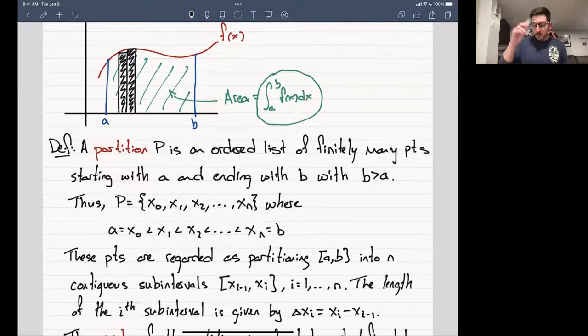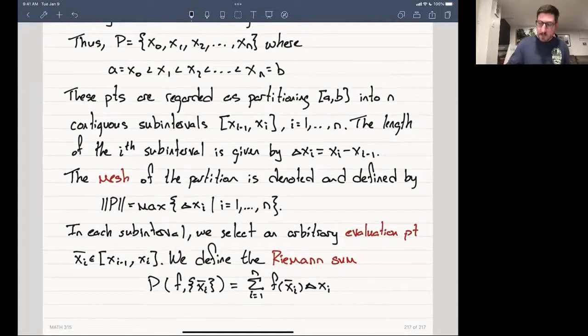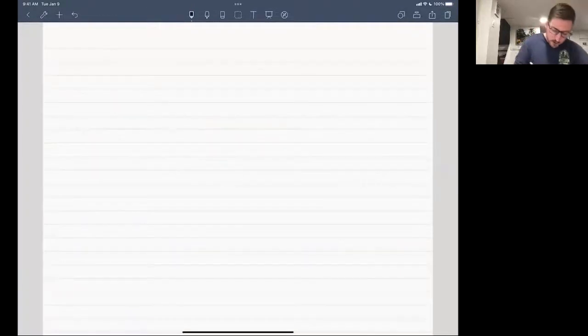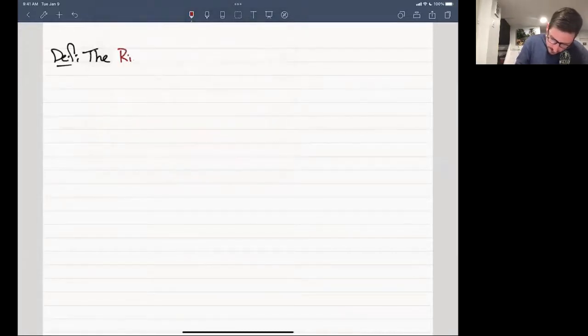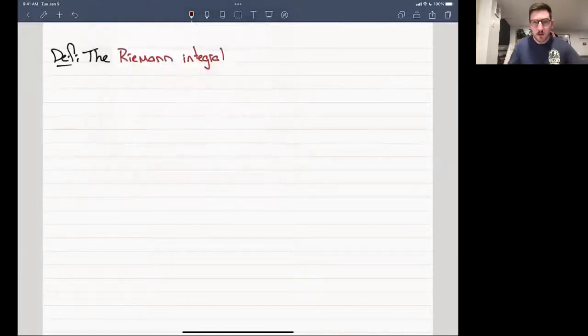That sort of a big S looking thing here. Well, we've got one more definition that we've got to go through. So it's going to be a long one again, so bear with me. There's a lot of maybe new terminology that we need to work with here. But we're going to say that the Riemann integral, so remember we had the Riemann sum, now we have the Riemann integral on a closed finite interval.